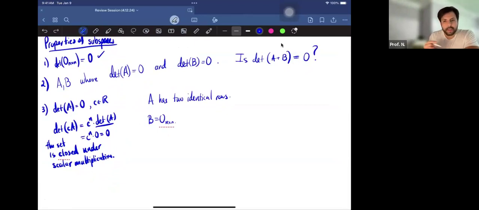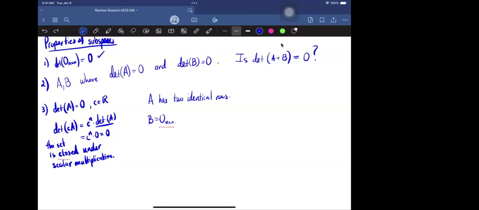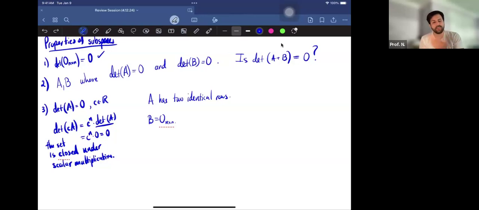Like I feel like there might be a scenario where you have two identical rows, you're adding a matrix with a one zero row, and you still will have a determinant being 0. I think that can happen. So that's the only thing I would say. It's not a definitive counterexample because you haven't proven to me either direction that this will always be the case.